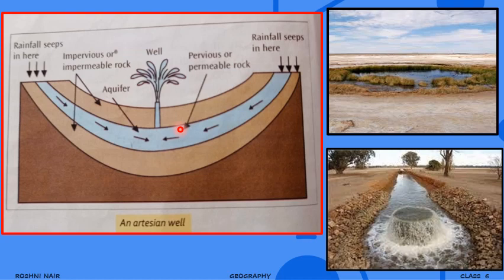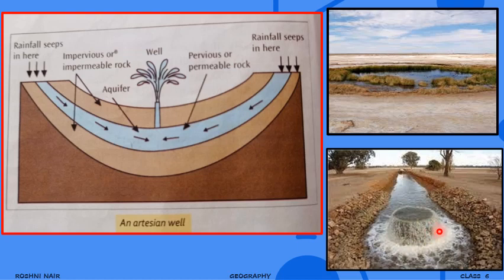When the well is bored into the aquifer, the water which is under pressure gushes out. So when the water gushes out spontaneously, this well is called an artesian well.